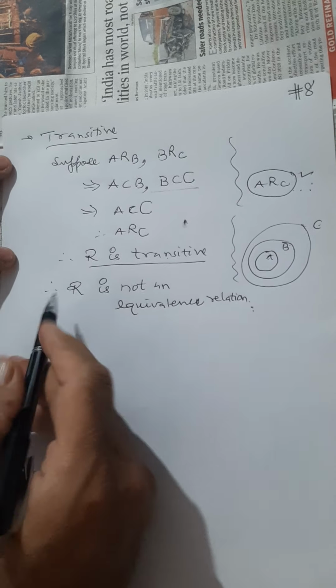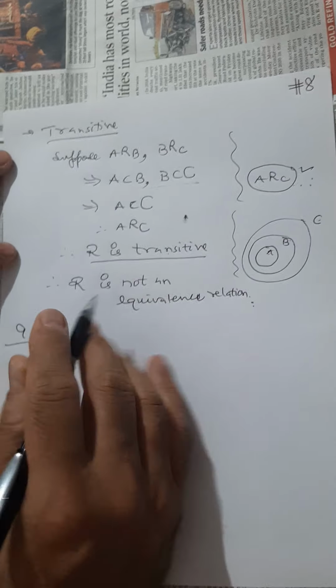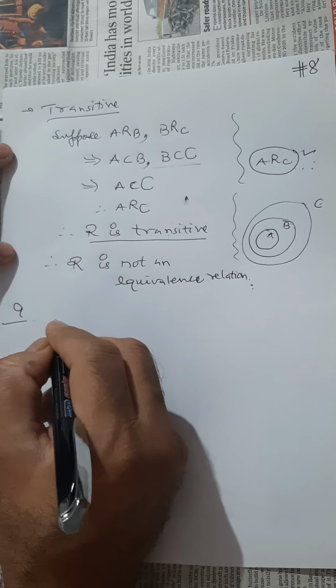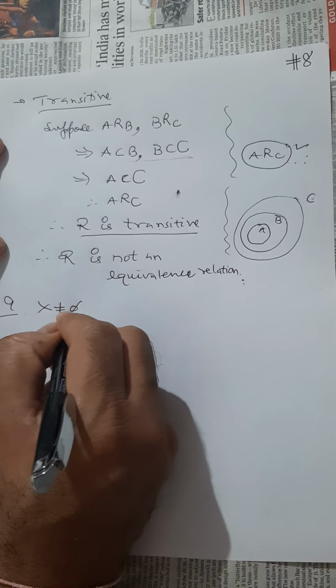Next question, the 9th question. You have a non-empty set X. This is not an empty set.